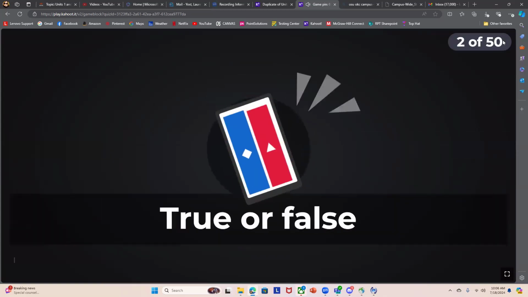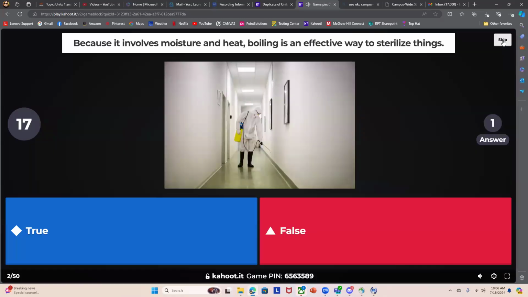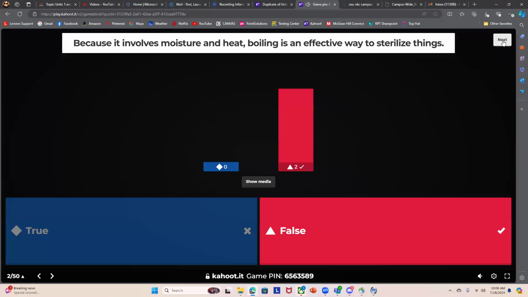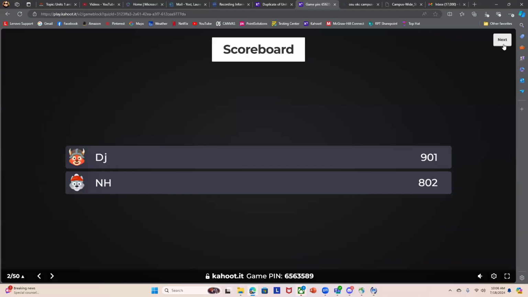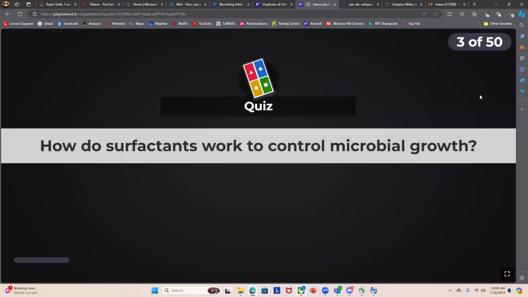True or false? Because it involves moisture and heat, boiling is an effective way to sterilize. Of course, we know adding pressure to help us raise the temperature even more with the autoclave, for example, is what helps us achieve sterilization to remove the endospores, but boiling doesn't remove endospores.